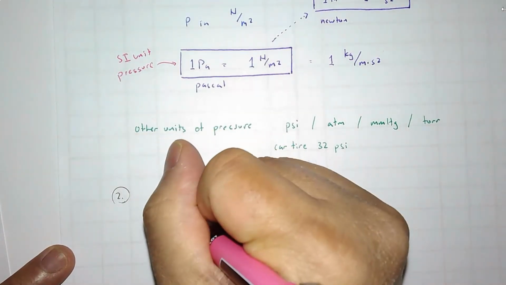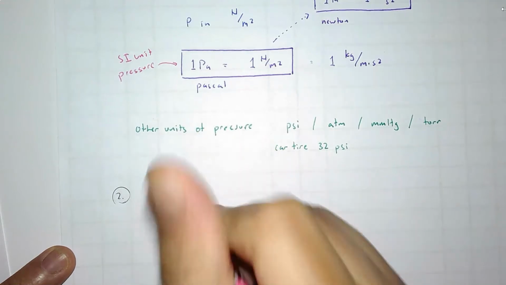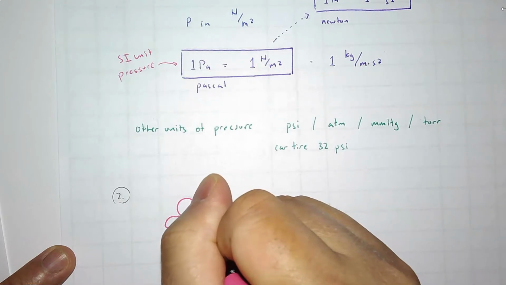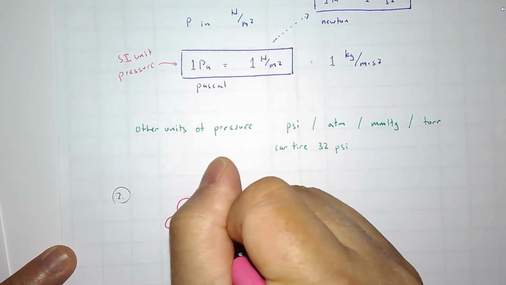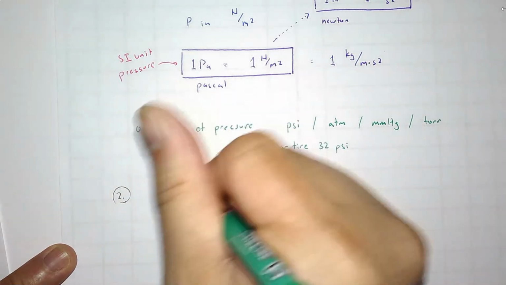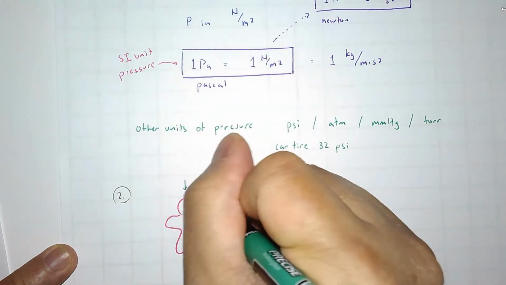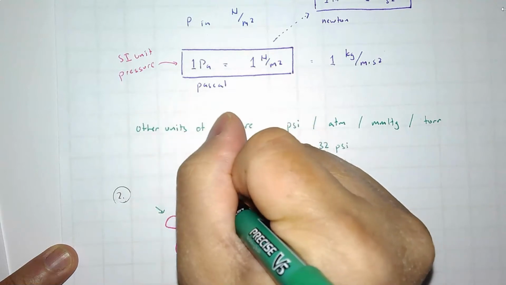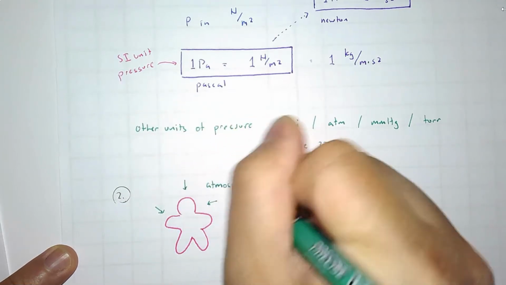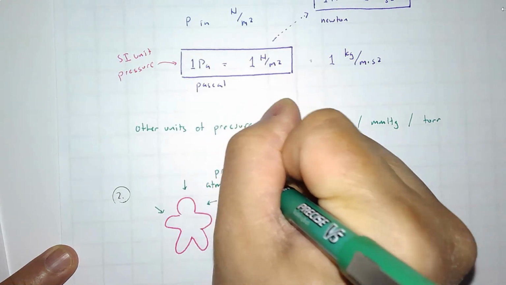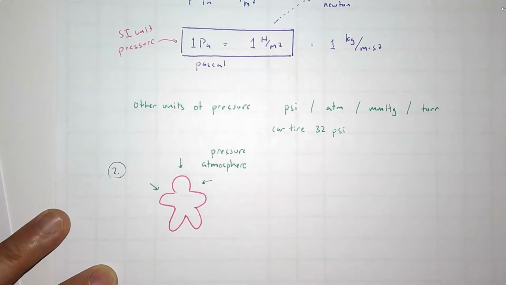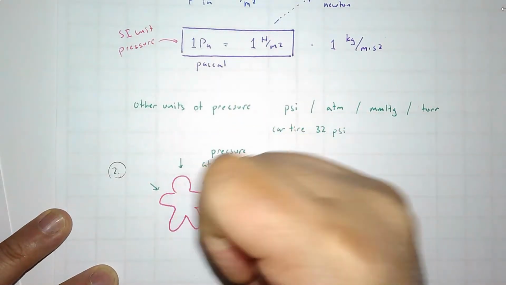Let's get a person. And that person feels the atmosphere, feels pressure on it. So in green, this is the pressure from the atmosphere. Now, why aren't we being crushed by all this pressure pushing at us?